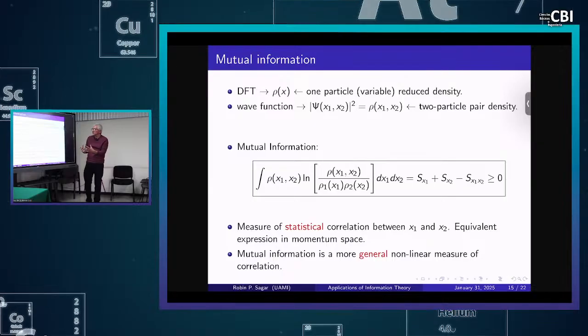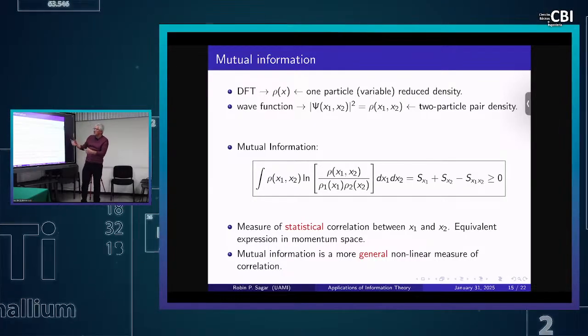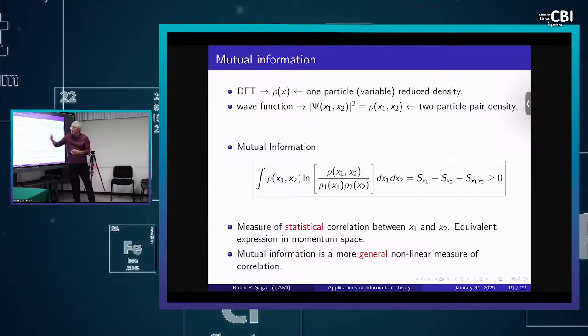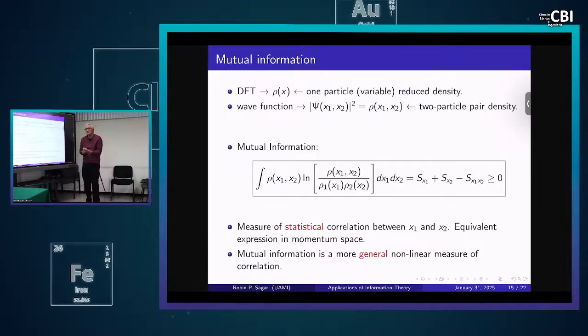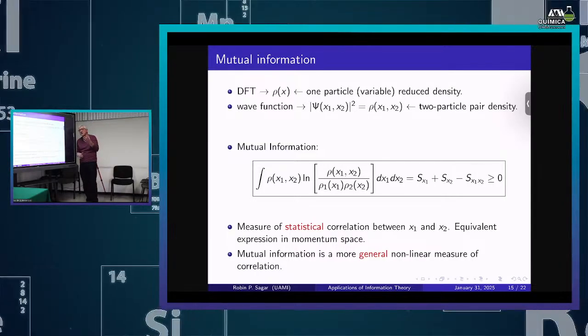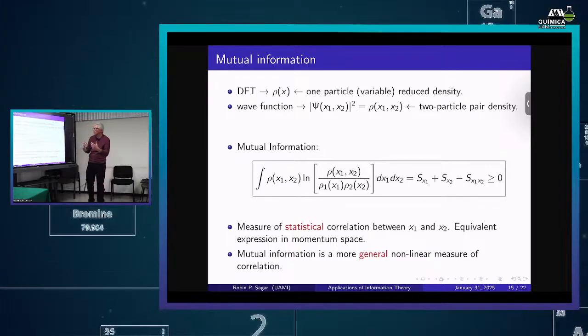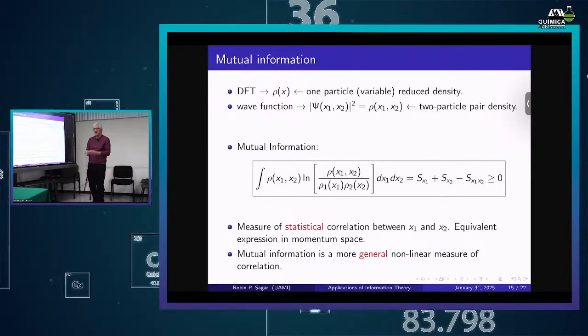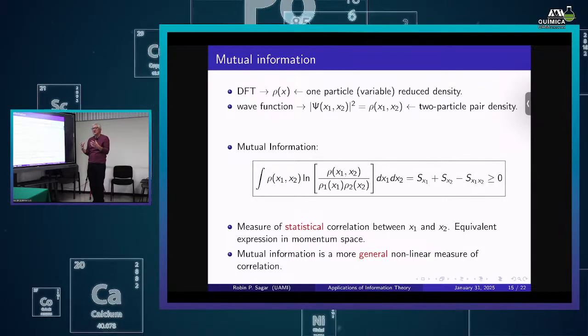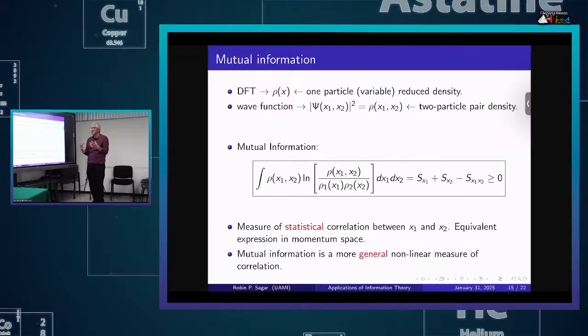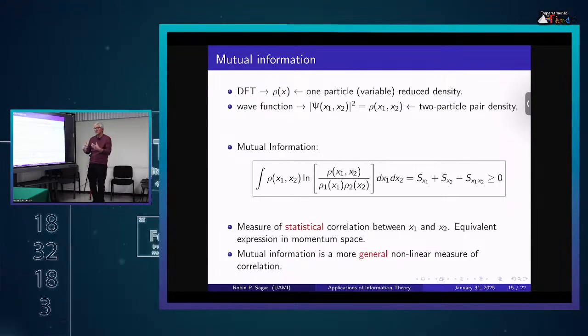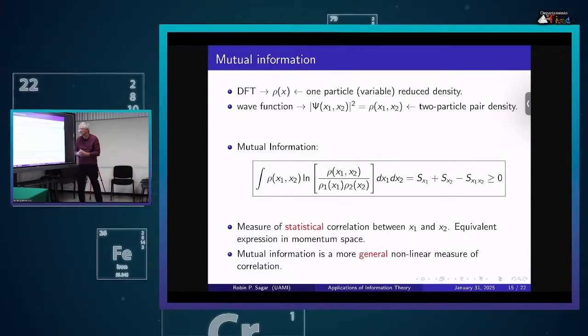You can get the pair density directly if you have a two-particle system, but with three or more particles you have to reduce down to the pair density. You need the pair density in order to construct these statistical correlation measures.